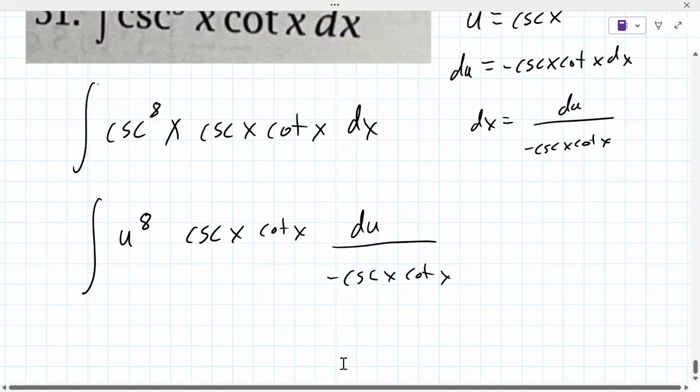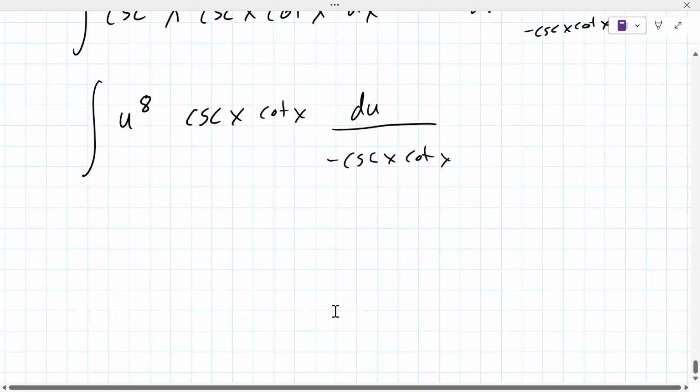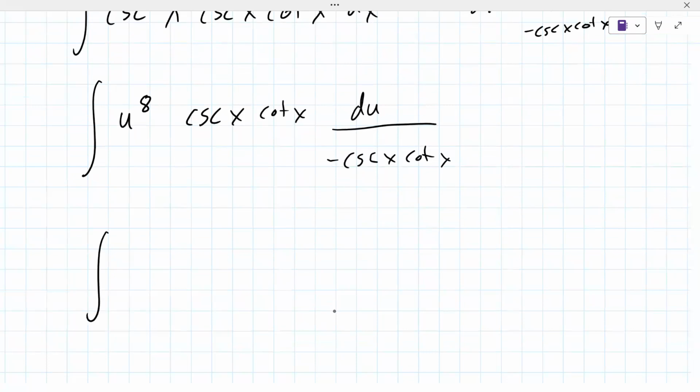Okay. So now it's cosecant to the power of 7x over, oh wait, 9, plus. It becomes just u to the 8th du. And then, oh, but it's negative. Yeah. Okay.